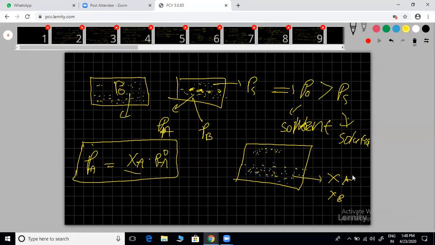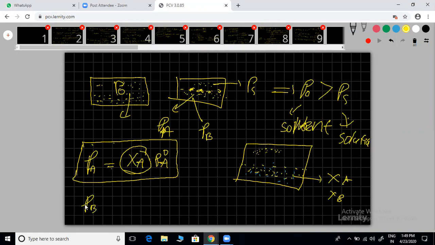XA and XB are mole fractions in the liquid state, not in the vapor state. The more the amount of solute or solvent in the liquid state, the more can convert into vapor. So that depends here. The higher the XA value, the more vaporization we get. P naught is constant for the solvent. Clear? This is not going to change.